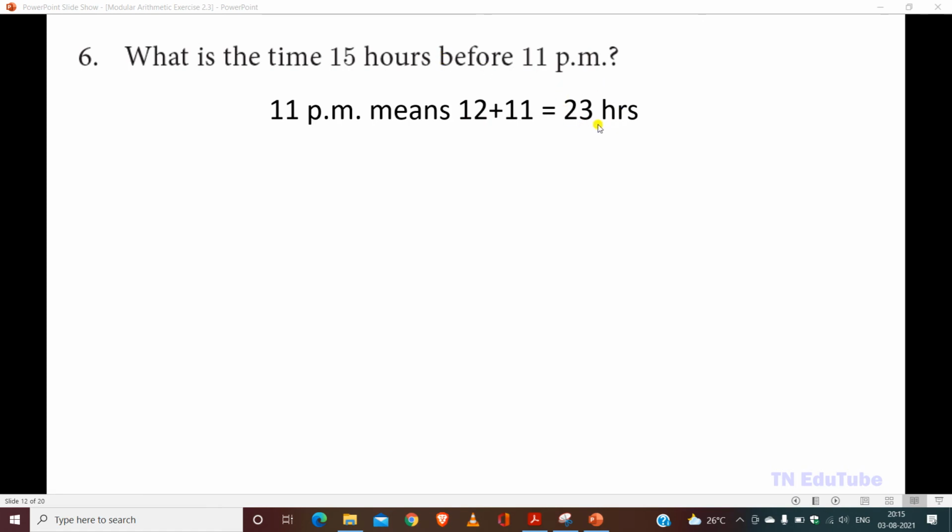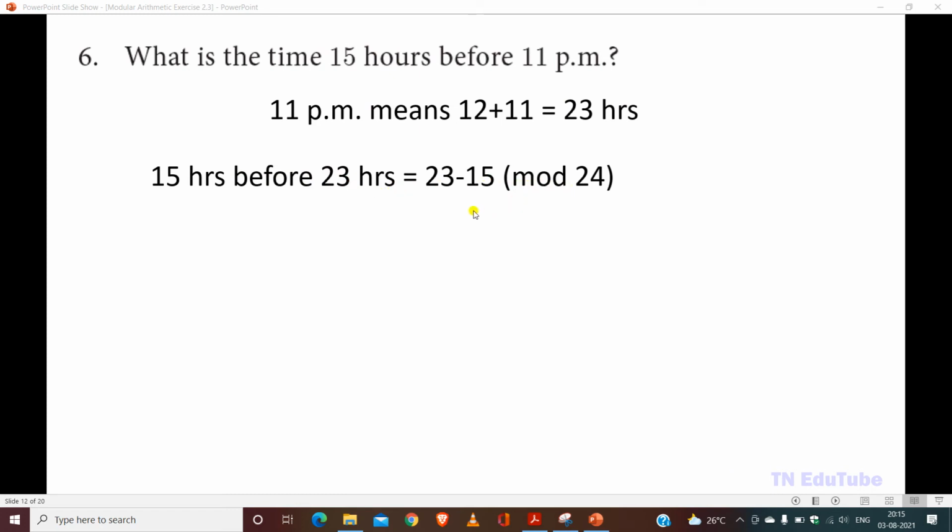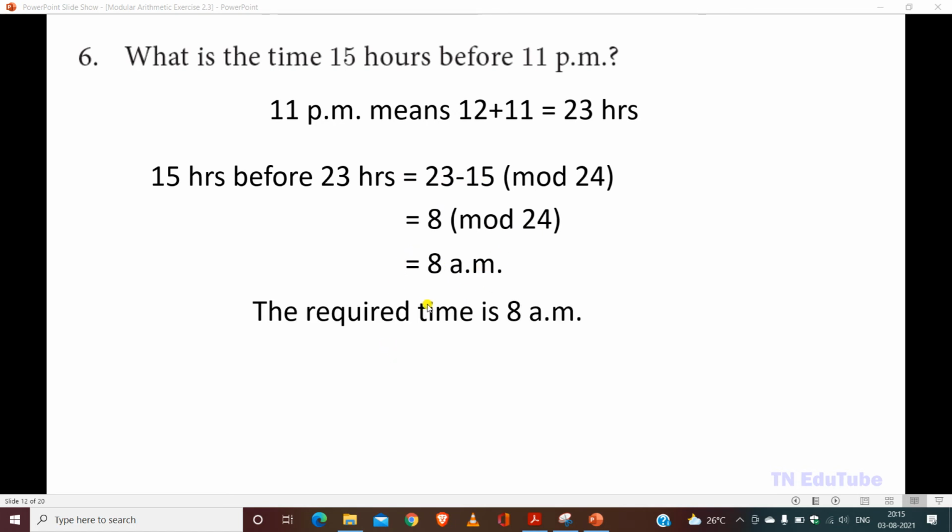So from this 23 hours, what is the time before 15? So you have to subtract. 15 hours before 23 hours means 23 minus 15 mod 24. So when you are subtracting, you get 8. 8 mod 24 means that is 8 AM only, not PM. So that is the answer for this given question. The required time is 8 AM.